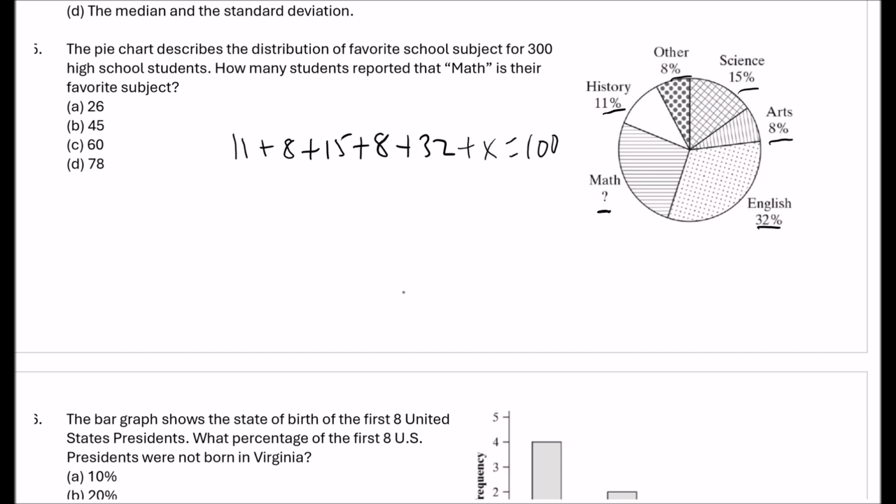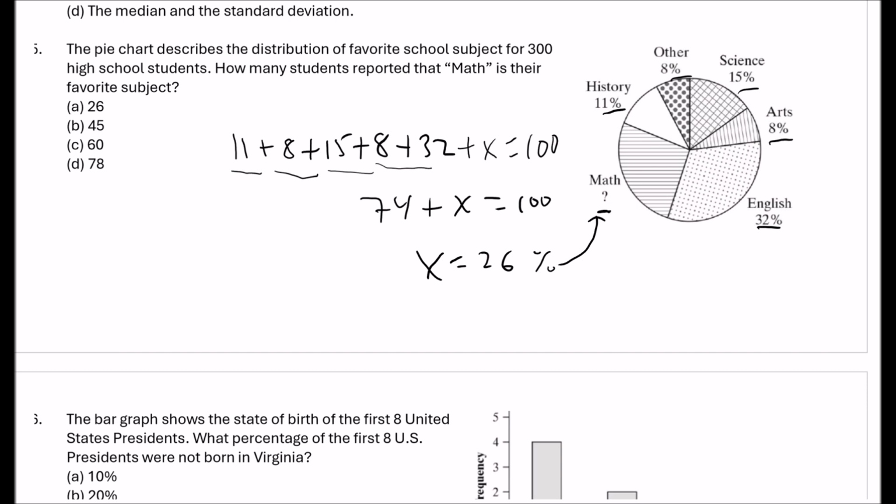That gives 40, 55, then 63, and 63 plus 11 is 74. So 74 plus x equals 100, so it's got to be 26% for math.